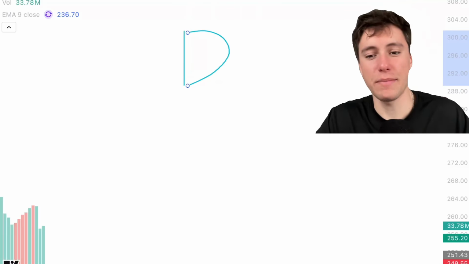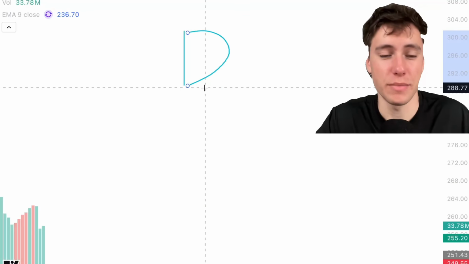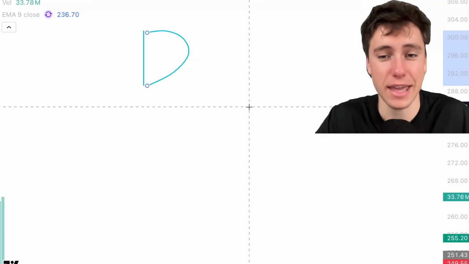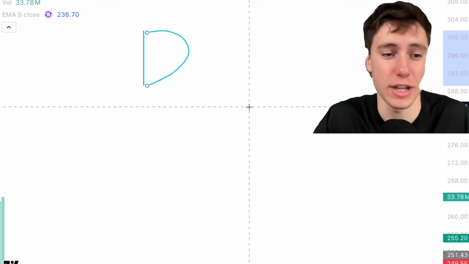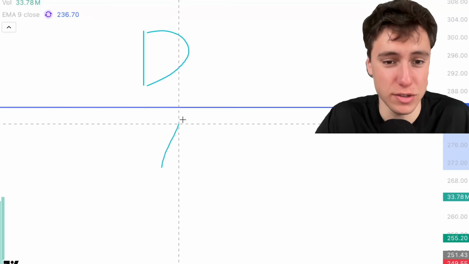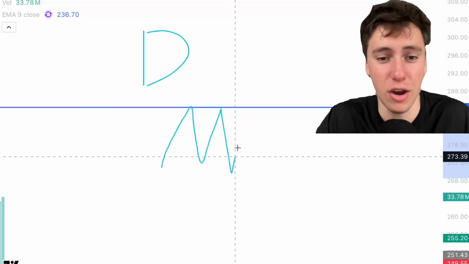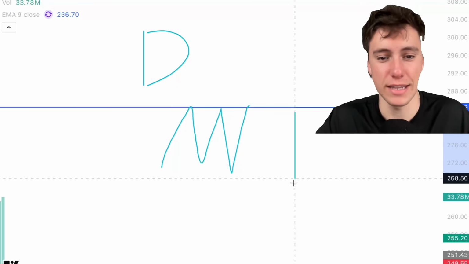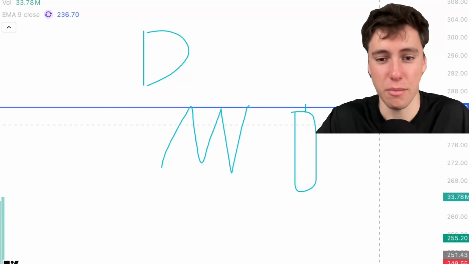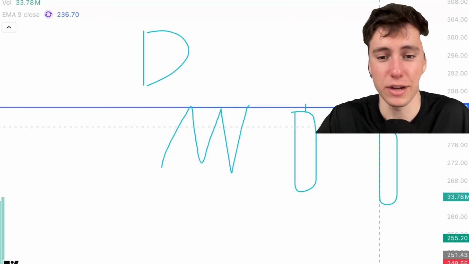All right, so the first step is you want to go to the daily chart, because on the daily chart you're on a higher time frame and you're going to be able to find a psychological level, which is really important with the strategy. So a psychological level is a level that gets respected as resistance a bunch of times on the daily chart. So for example, this is a candle and we go up and we wick up to this level multiple times with multiple different candles.